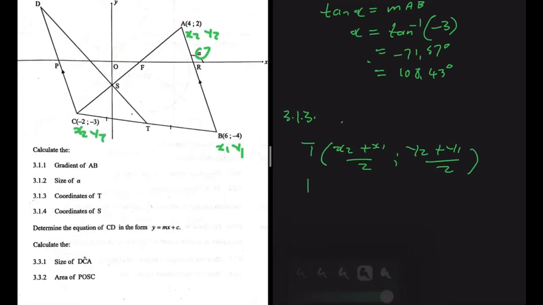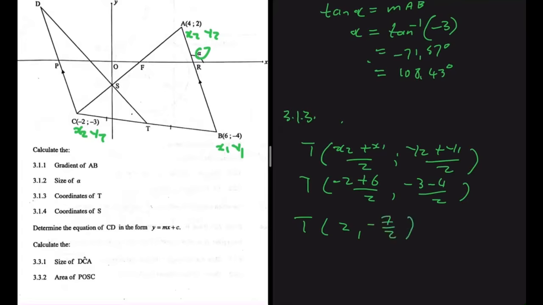If we compute that, T is minus 2 plus 6 divided by 2, and minus 3 minus 4 divided by 2. So minus 2 plus 6 divided by 2 gives us 2, and minus 3 minus 4 divided by 2 gives us minus 7 divided by 2.